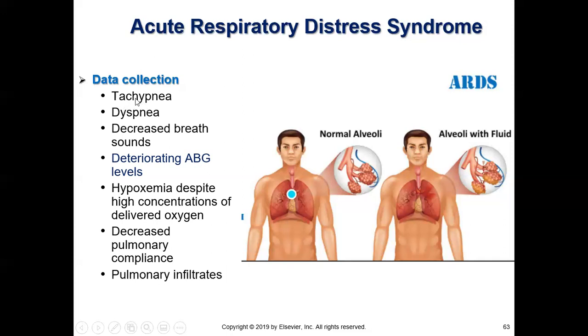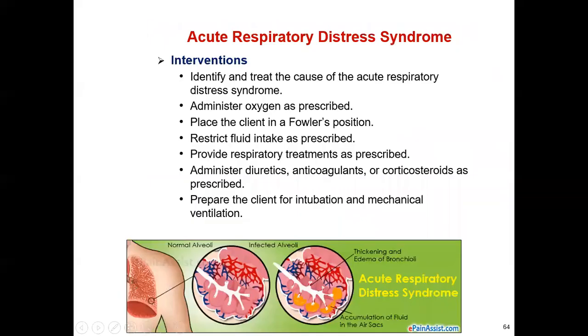The patient develops tachypnea, dyspnea, decreased breath sounds, and deteriorating ABG levels. Blood gas analysis will show less oxygen, more carbon dioxide, and less oxygen saturation. Hypoxemia despite a high concentration of delivered oxygen, decreased pulmonary compliance, and also pulmonary infiltration.